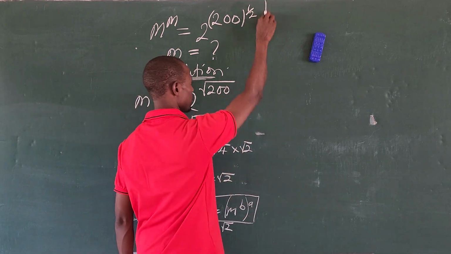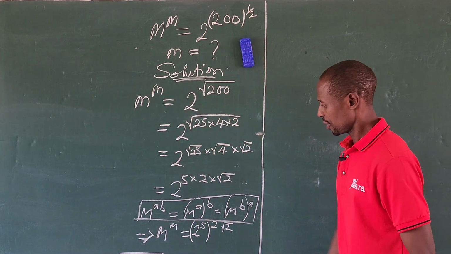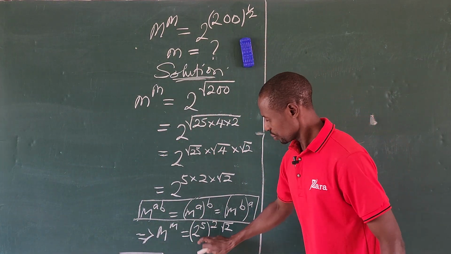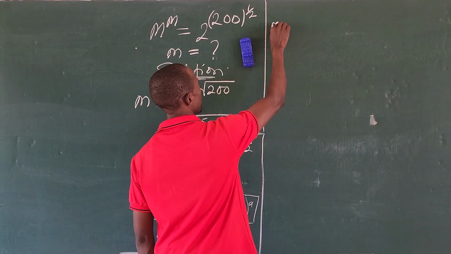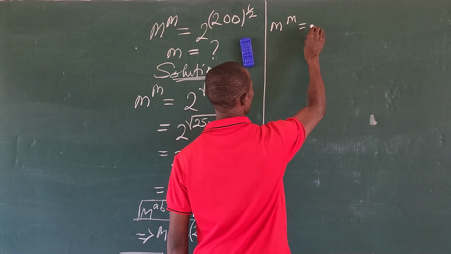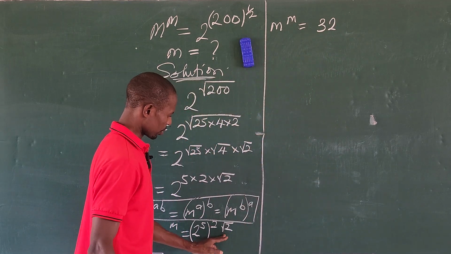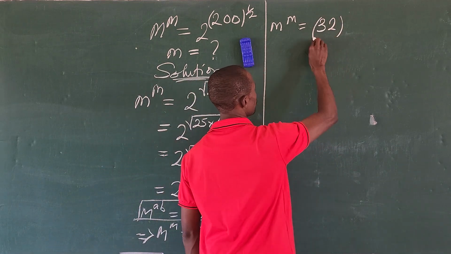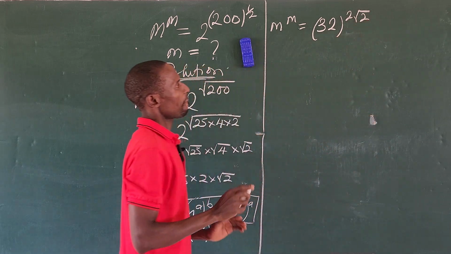Okay, let's keep this one here. All right, so let's continue on this side and see what this gives us in turn. What is 2 to the power of 5? That is 32. So we have m to the power of m equals 32, all raised to 2 root 2. Easy.